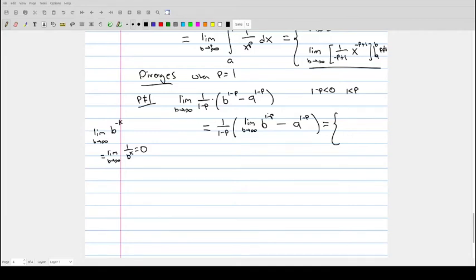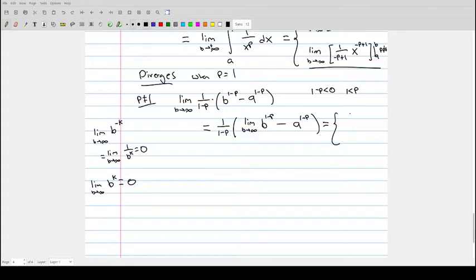If 1 minus p is greater than 0, then you have that this is going to be the limit of just b to the k, for some positive k, which is going to be equal to positive infinity.